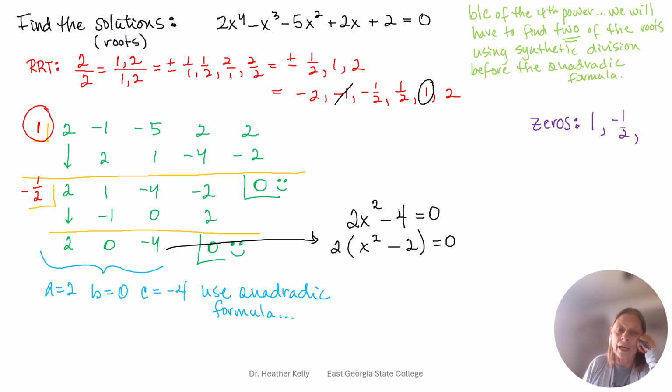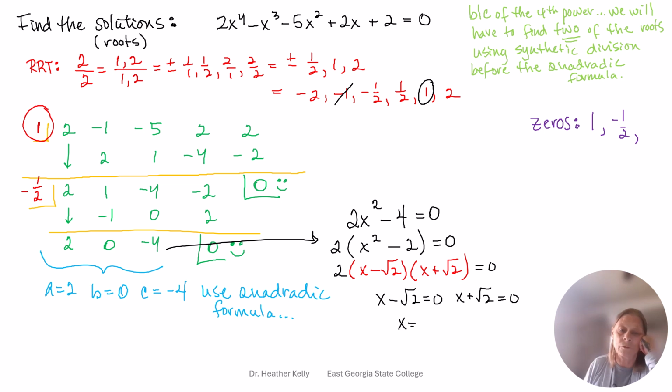And so this actually factors as x minus the square root of 2 and x plus the square root of 2. And now since we're actually solving this, x minus square root of 2 equals 0, x plus square root of 2 equals 0, so x is equal to the square root of 2 and x is equal to the negative square root of 2.